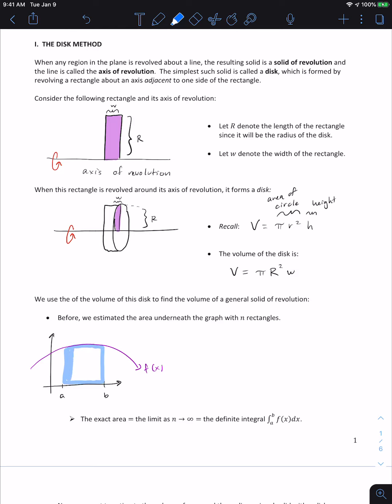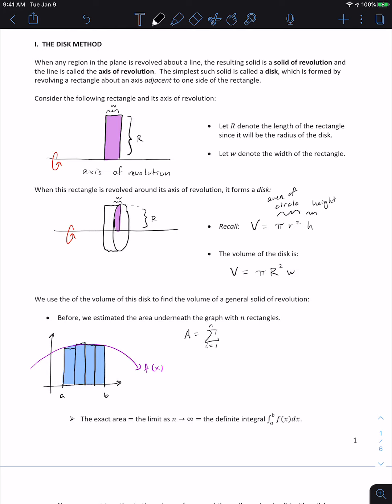Remember what we did was, in order to estimate it, we put a bunch of little rectangles underneath this graph. We estimated it by saying we put n rectangles underneath the graph. Remember this whole idea of a Riemann sum. So the area was equal to the sum, adding up the area of all n rectangles.